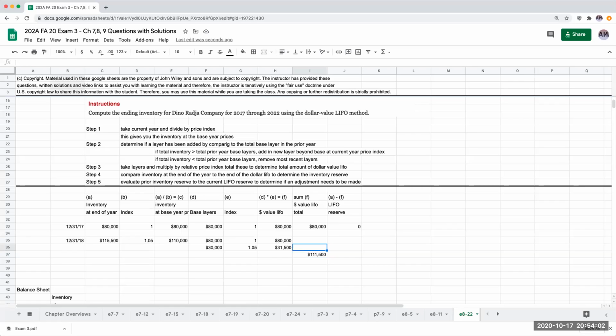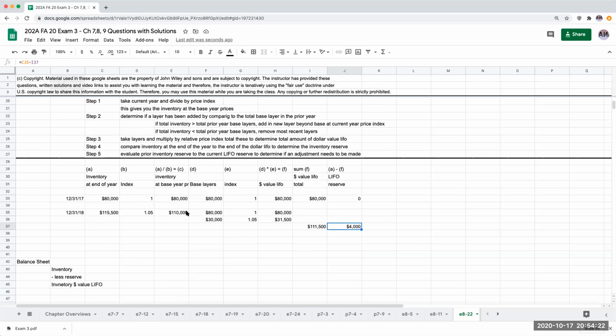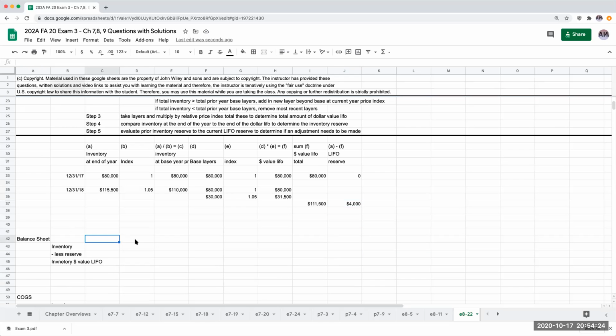The difference between this amount and this balance is going to be the amount of my LIFO reserve. So when I subtract 111,500 from 115,500, I have a LIFO reserve of $4,000. So let's take a look at the way this is going to look.